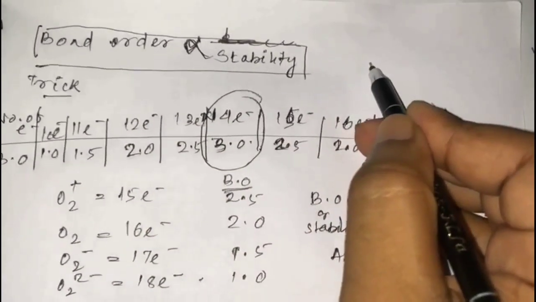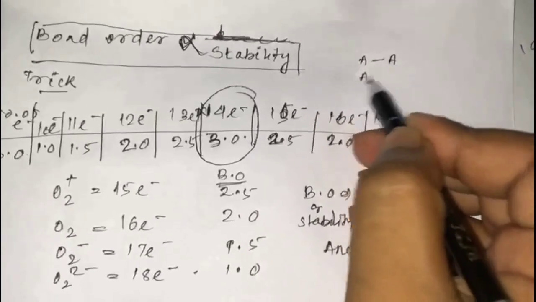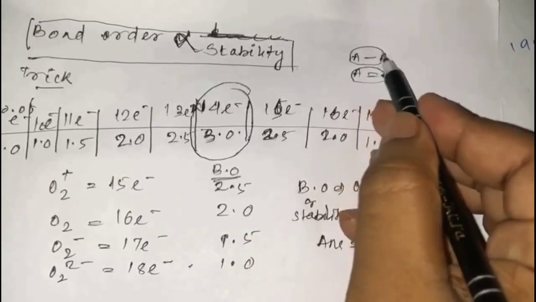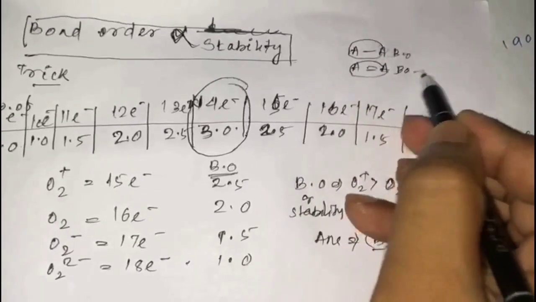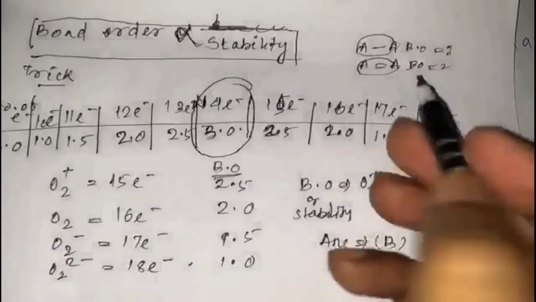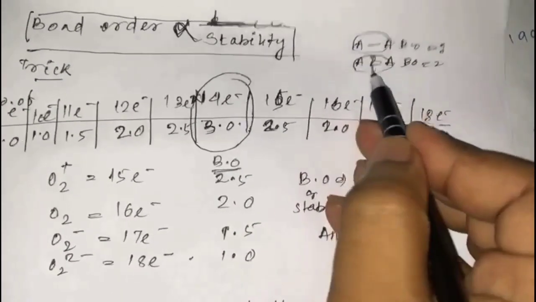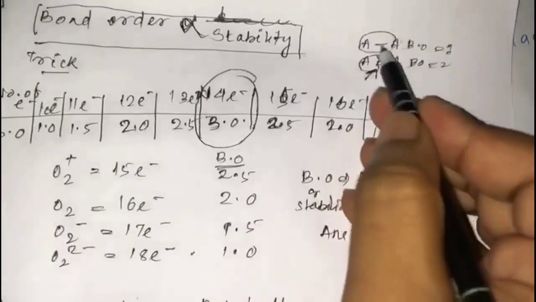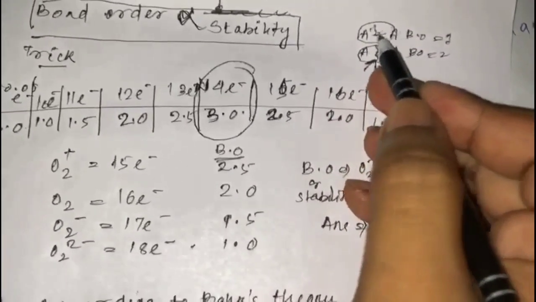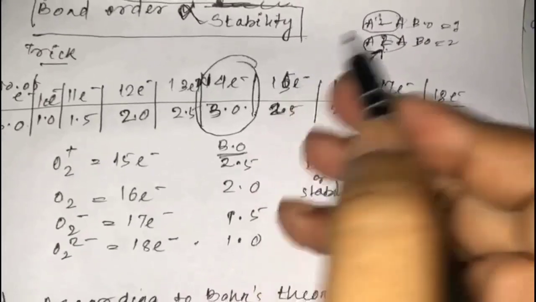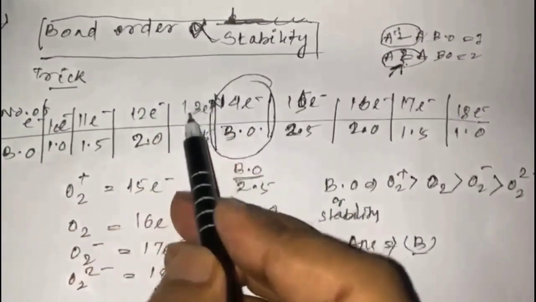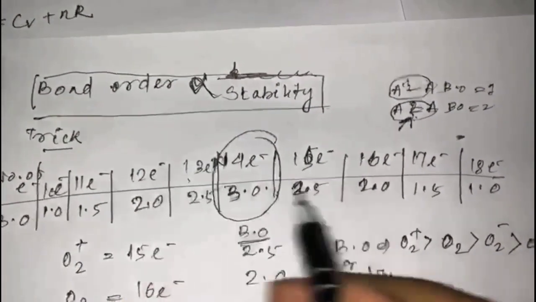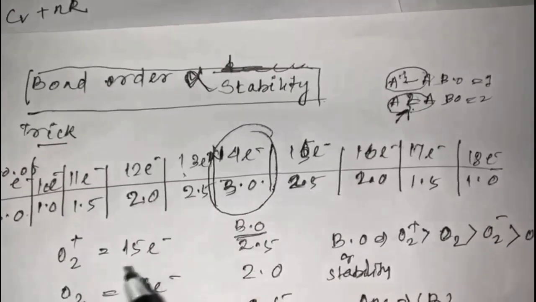Suppose a single bond A and a double bond A: here bond order is 2 and in this case bond order is 1. Here more energy is required to break these two bonds, but here lesser energy is required to break this bond. So bond stability basically depends upon your bond order. The more the bond order of these molecules, the more will be its stability.